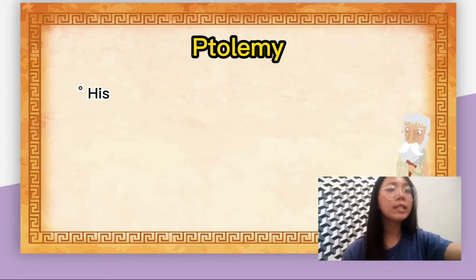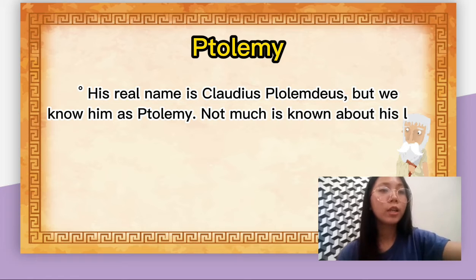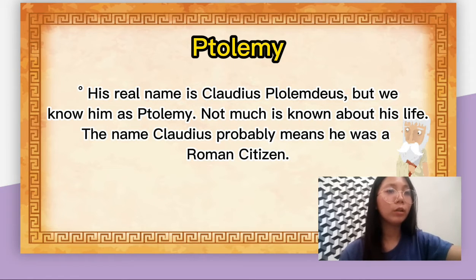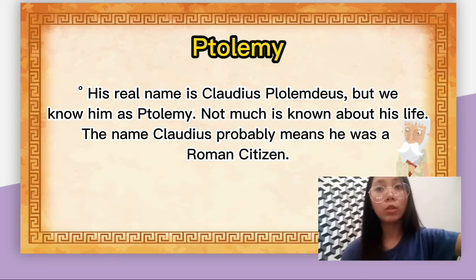Ptolemy, his real name is Claudius Ptolemaeus, but we know him as Ptolemy. Not much is known about his life. The name Claudius probably means he was a Roman citizen. The name Ptolemy means that he was Greek.